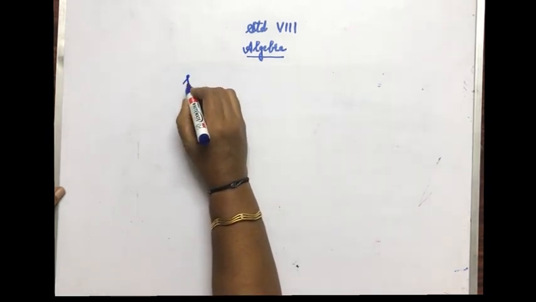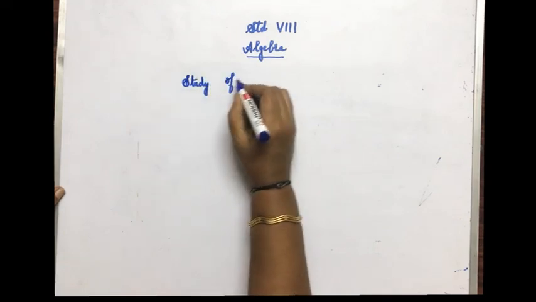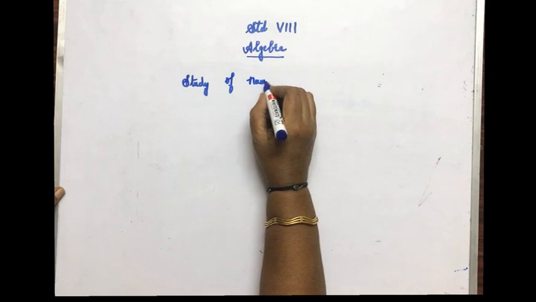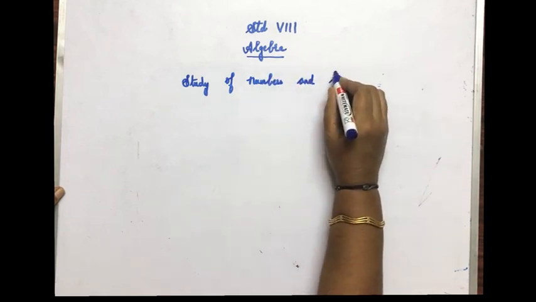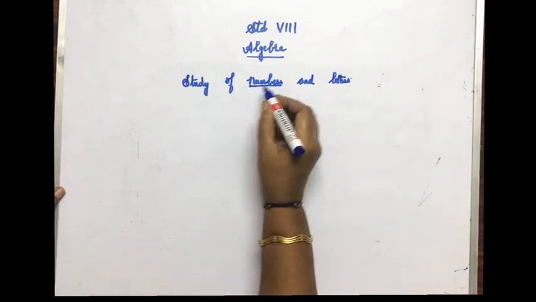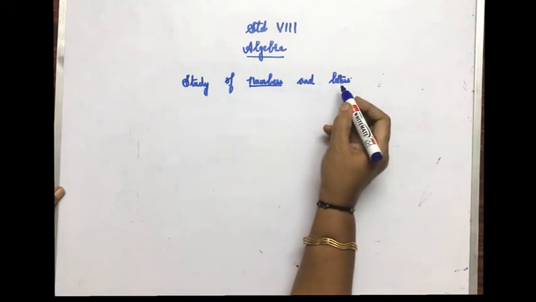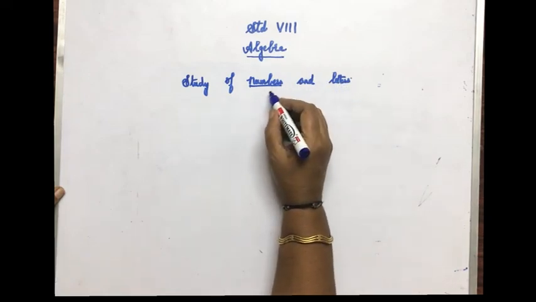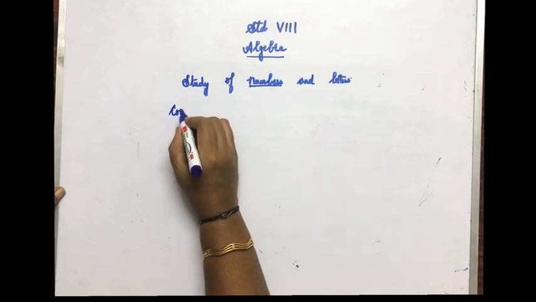So algebra is the study of numbers and letters. Now numbers are called constants. Let us see numbers and letters have different names.